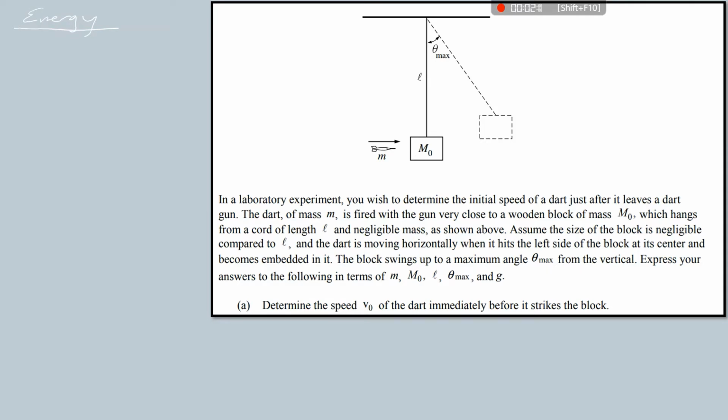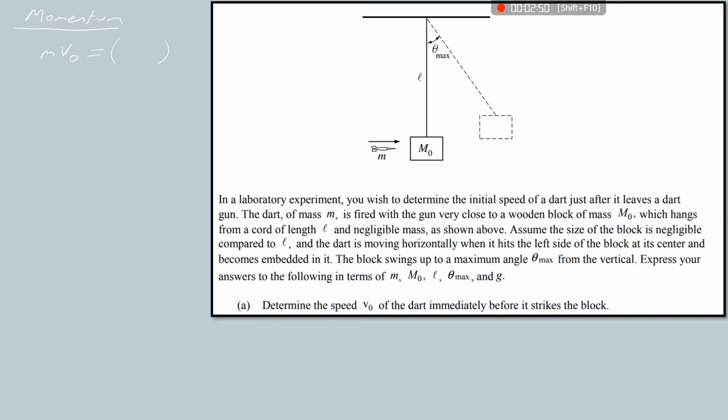So m V initial is equal to small m plus big M. Okay, you said m v initial equals again? Big M plus small m. Okay, I think you're doing momentum, not energy first, but we can do that. Oh, yeah, it should be energy. We'll need both, but you can start with momentum if you want. So you said m v initial is equal to what?